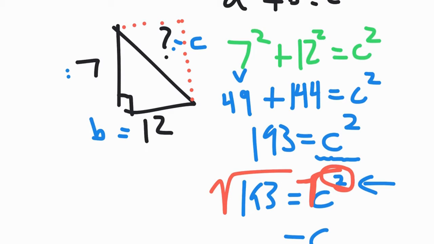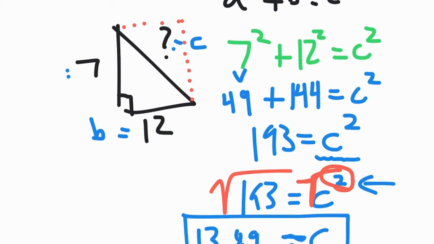And what you're going to get is a messy decimal because the square root of 193 is an irrational number, which means it's a decimal that never repeats and never ends. So for our purposes, we're going to round it. It's 13.89. And put a wavy equal sign there. It depends what the question's asking for, what you have to round things to.